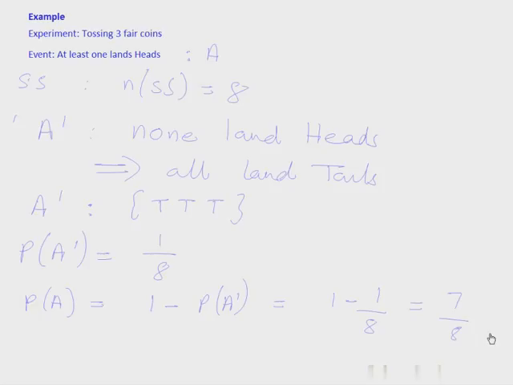It is none have heads. So in this case, all have tails. And there's just one outcome. So calculating the probability of the complement becomes much easier, which leads us directly to the probability of the event desired. Questions that have at least one in them are much easier solved using the complement, because the complement of the phrase at least one is none, and that's an easier thing to handle.